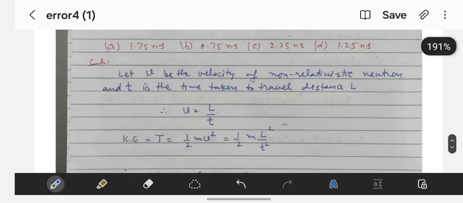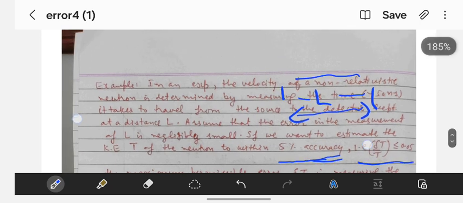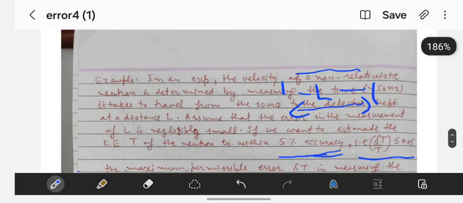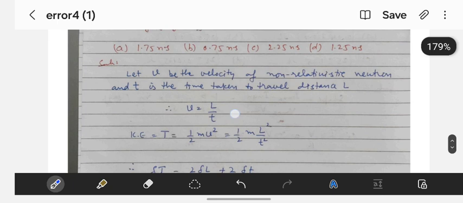Just use the formula. Velocity is nothing but distance upon time, so it depends on distance and time. Because in the question it is given that the velocity of a non-relativistic neutron is determined by measuring the time, we need to take the time as a variable. So V equals L by t, and from here the kinetic energy will be 1 by 2 m v square, that is 1 by 2 m L square by t square.